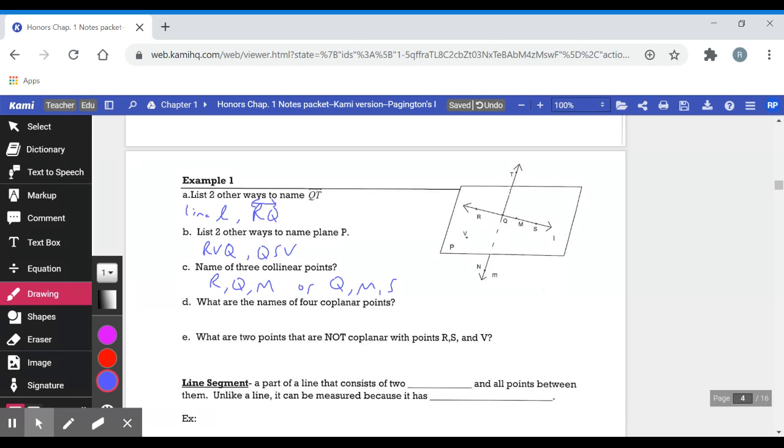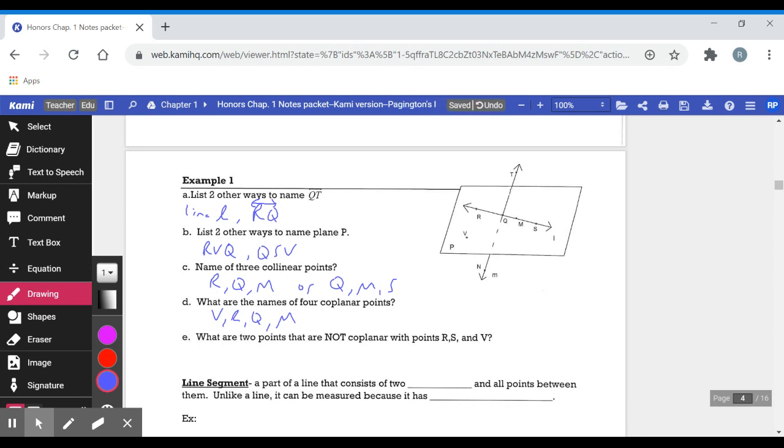On D, it says, what are the names of 4 coplanar points? So that's just asking you to name 4 points that are on the same plane. There are 5 points on the same plane, V, R, Q, M, and S, and you can name any 4 of those. So I have V, R, Q, and M. But again, any 4 of those would be fine.